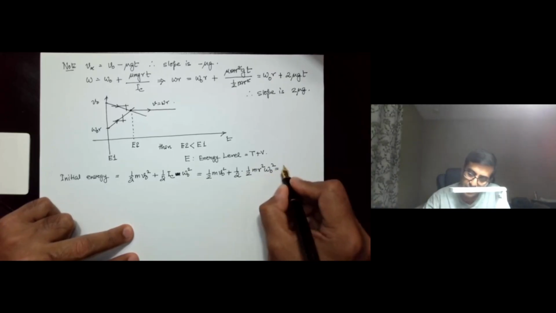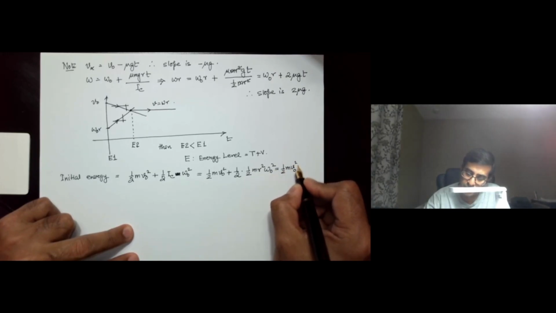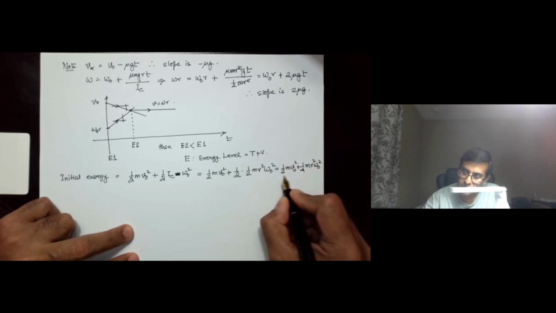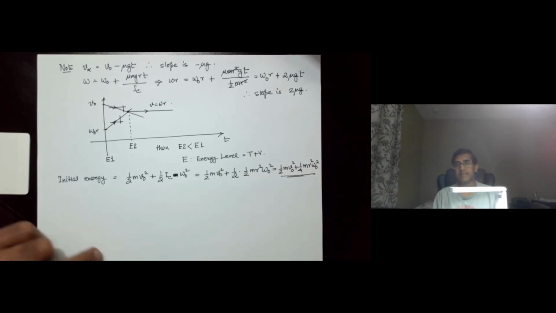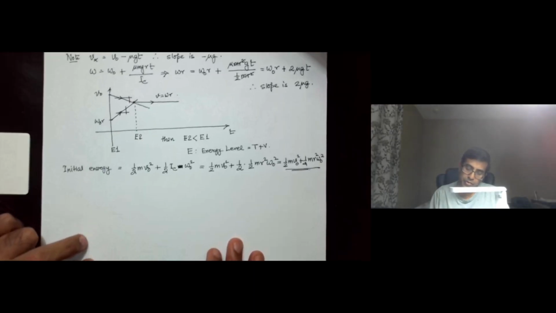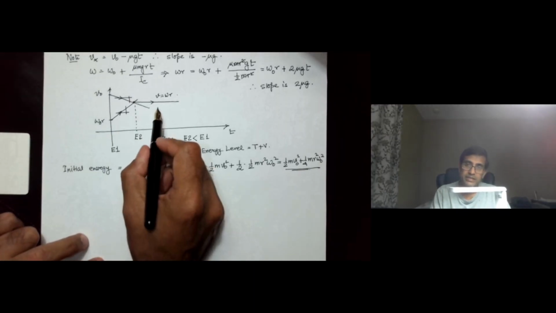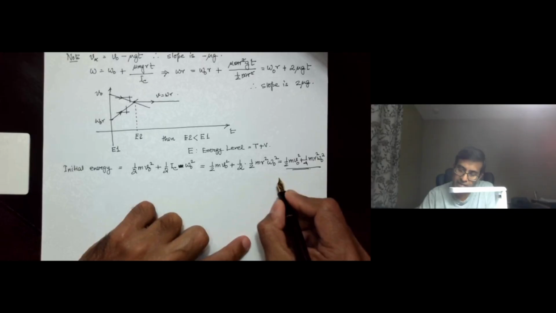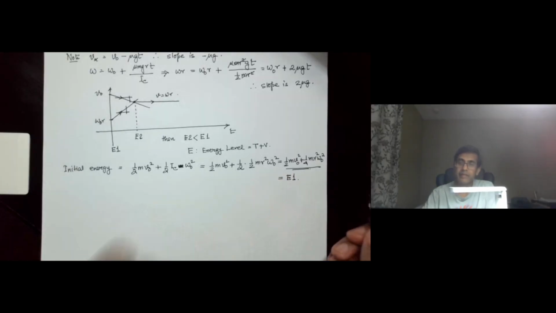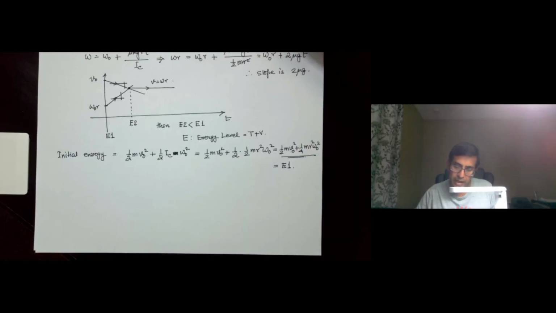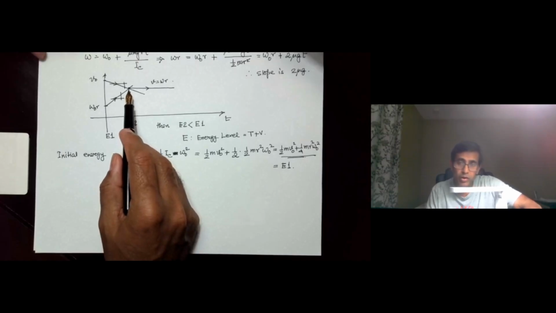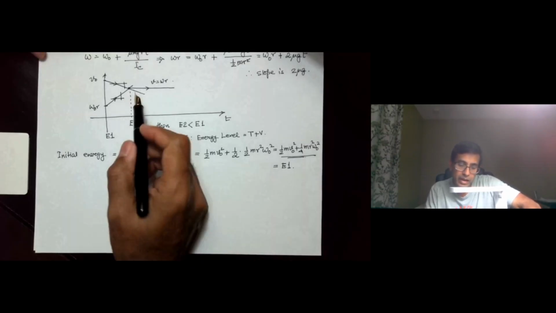So that is half m v naught squared plus 1/4 m r squared omega naught squared. So that's the initial energy, which we would say is E1. Okay, and we should be able to prove that when the disk reaches this rolling without slipping condition through slipping, the energy E2 at that point is lower.